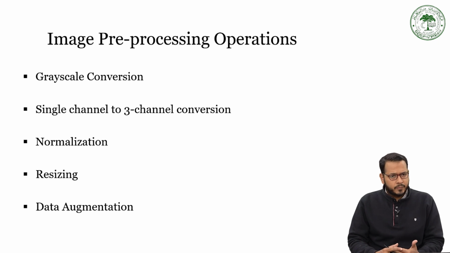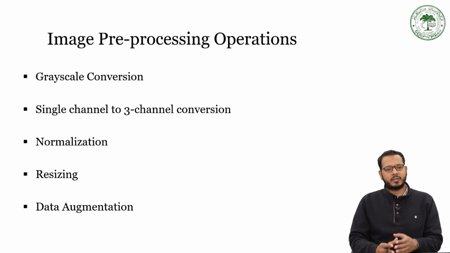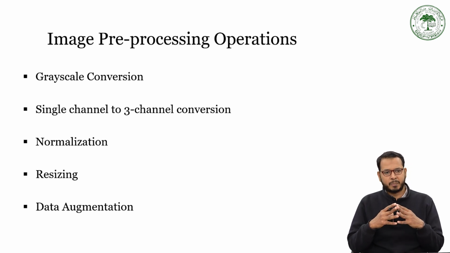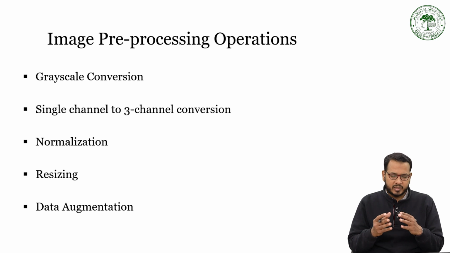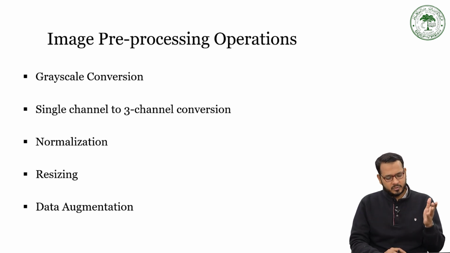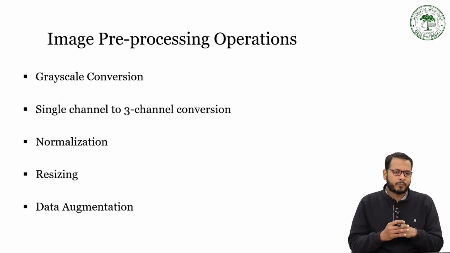There are a few commonly used pre-processing operations that can be applied on images. It is important to remember that in some machine learning and deep learning tasks, the inputs are images, right?